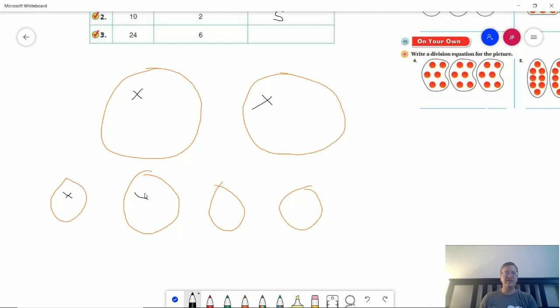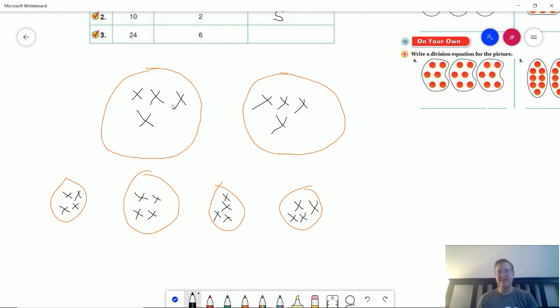So I've used 3, 4, 5, 6 counters. Now I'm going to put one in each of my groups again, and that would take me up to 12. We would do it a third time to get up to 18, and then my last group would get me to 24. And when I'm finished, I would have 4 counters or X's in each box.